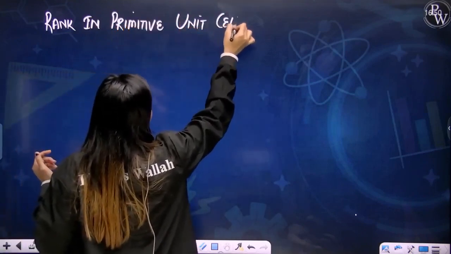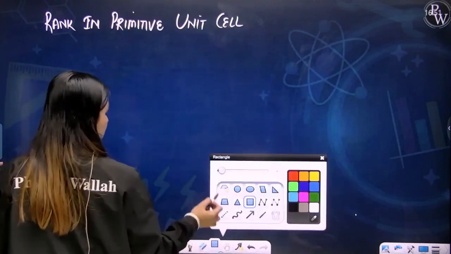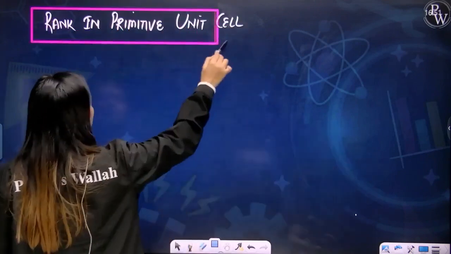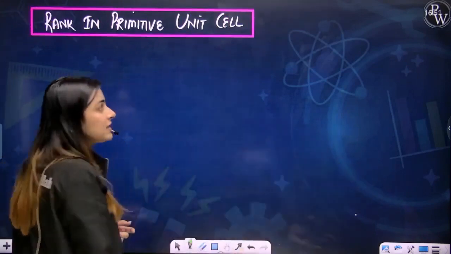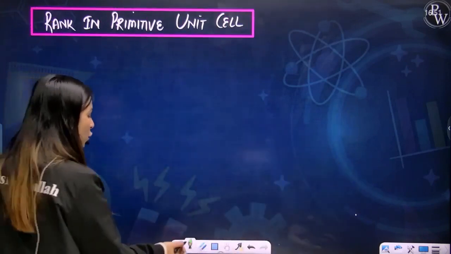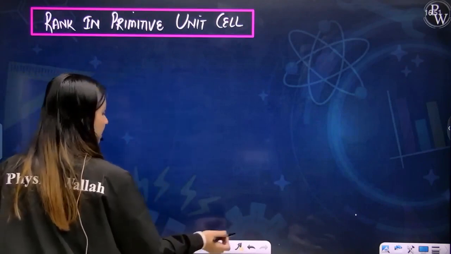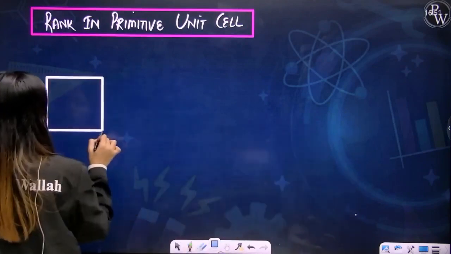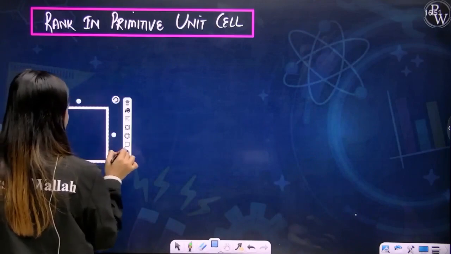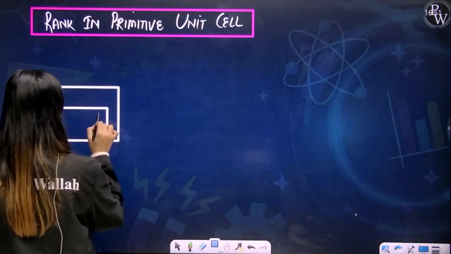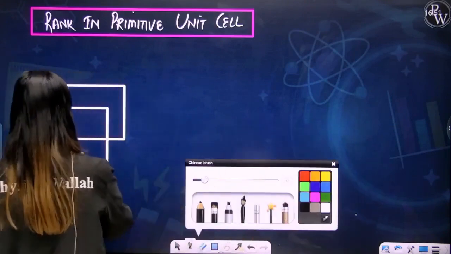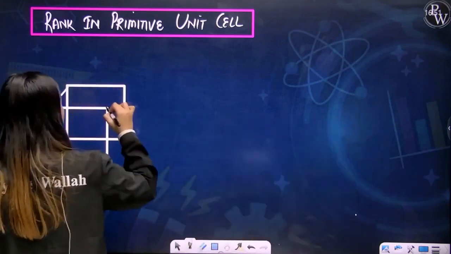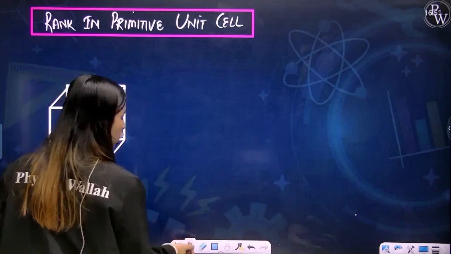So if you have a primitive unit cell, my dear students, then what will be the total rank? For a primitive unit cell, atoms are present at the corners, right?